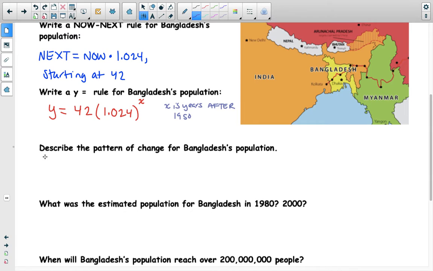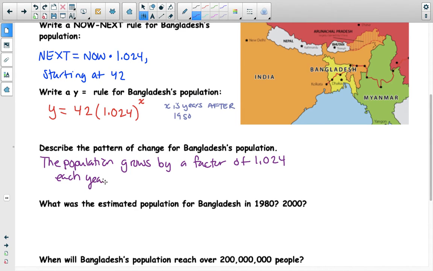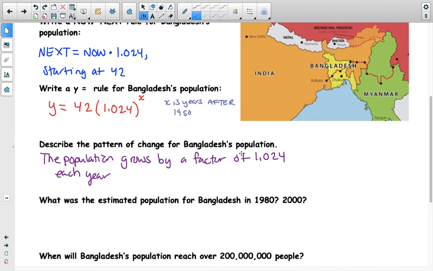The population grows by a factor, because remember, b is our growth factor, of 1.024, or it grows at a 2.4% rate each year. So we're going to multiply by 1.024 every year to show that it's growing.